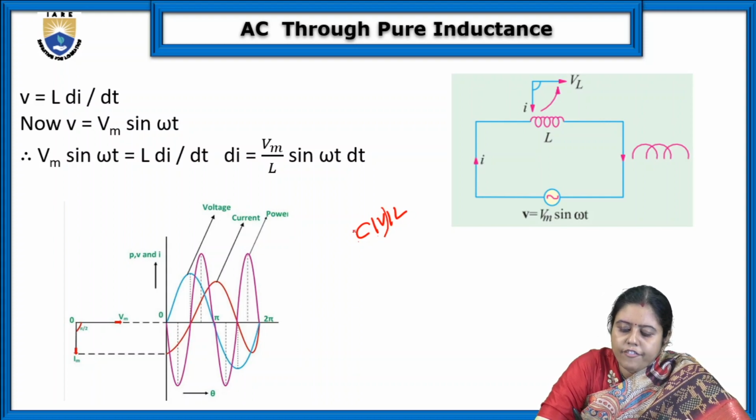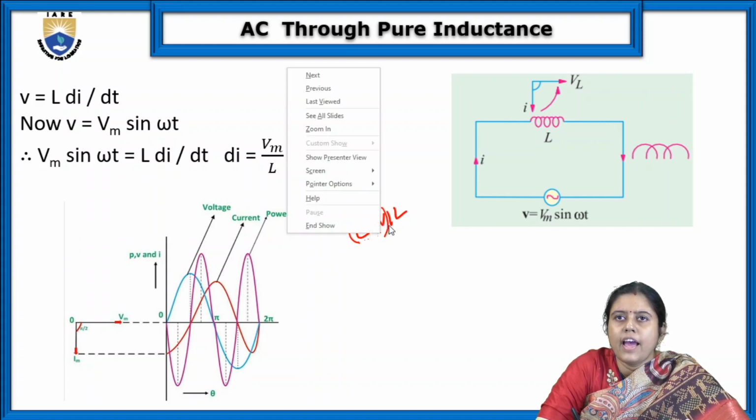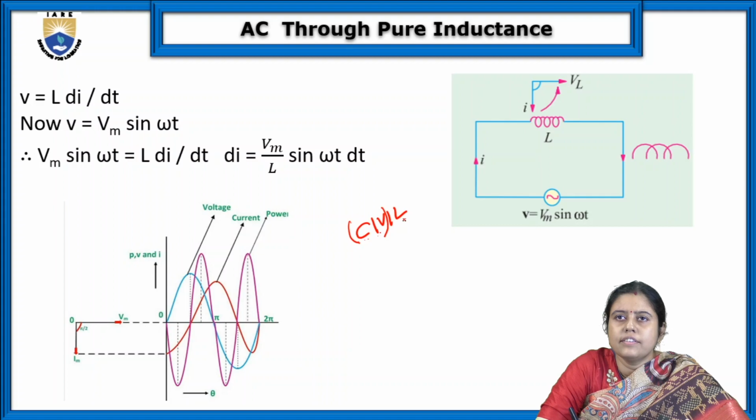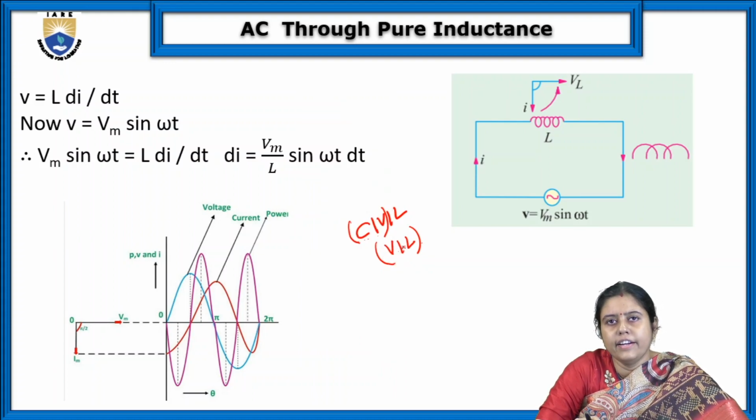So CIV means in a capacitor, I is leading and V is lagging, because I is first, V is second. If we go for the second part, VIL, voltage is leading and current is lagging for the inductor.